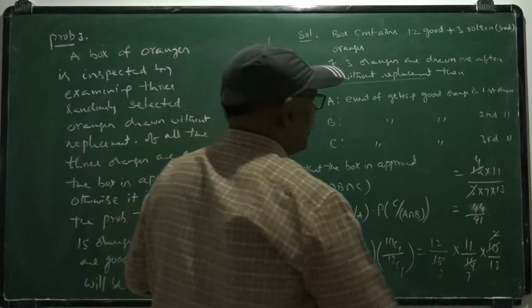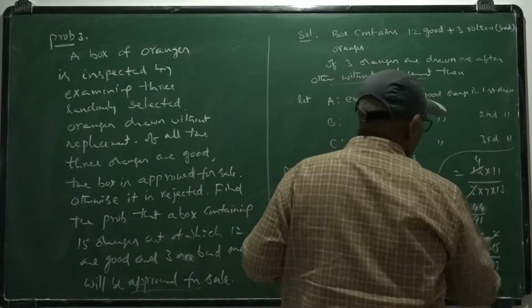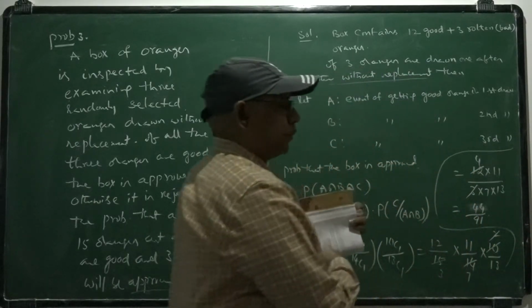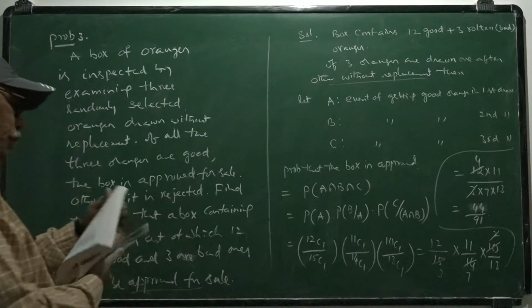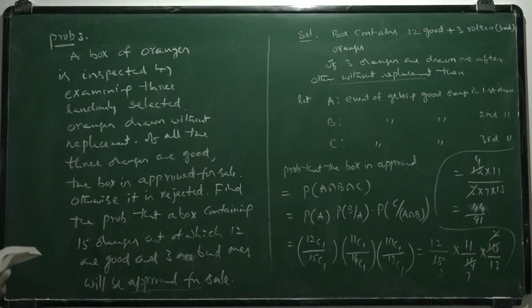The required probability that the box is approved is 44 by 91.